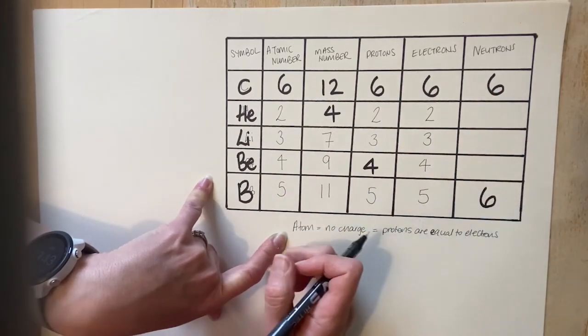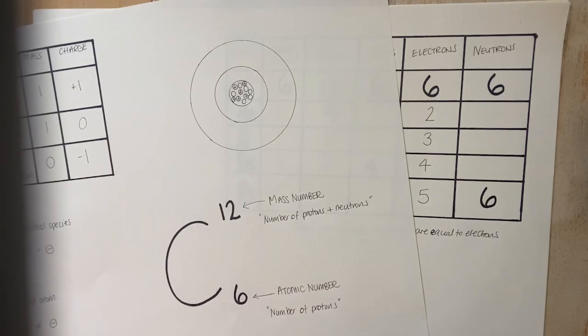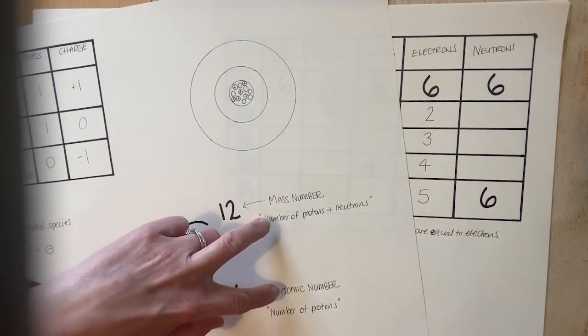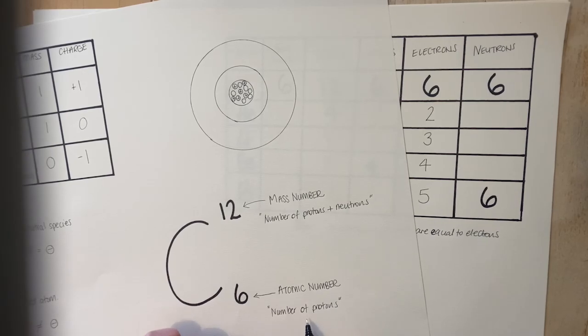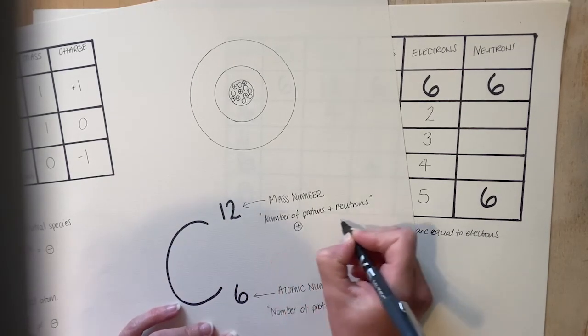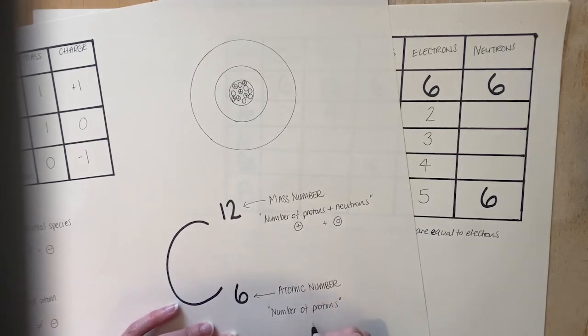This column is where we need to know the mass number and the atomic number, and we need to know how to find the number of neutrons. I've already said that the number of protons plus the number of neutrons is the mass number, and the atomic number is the number of protons.